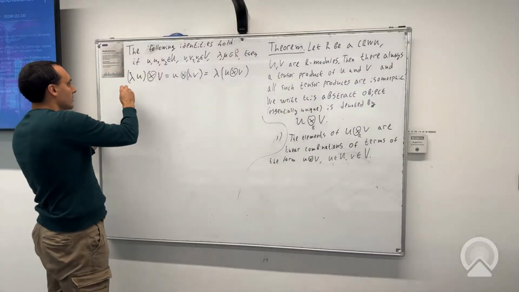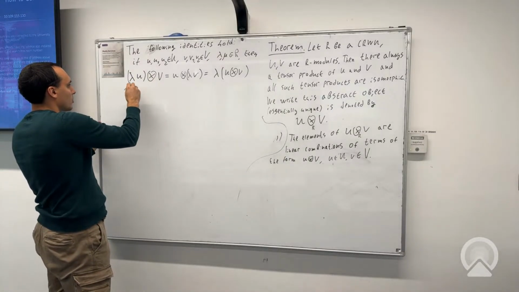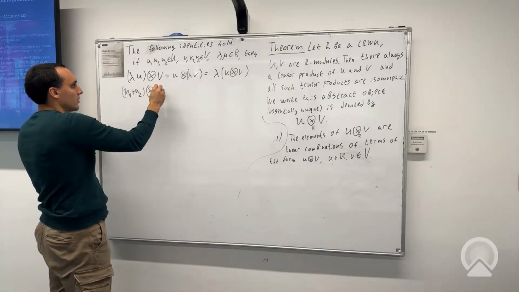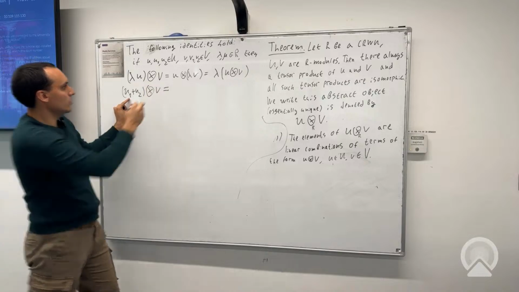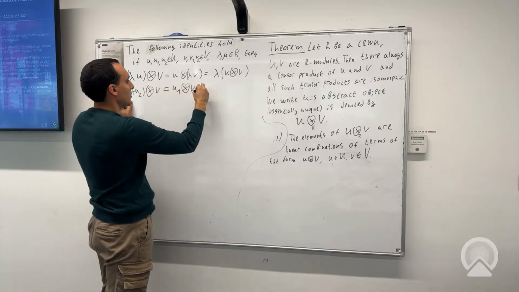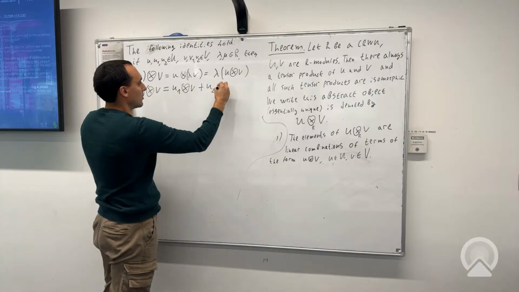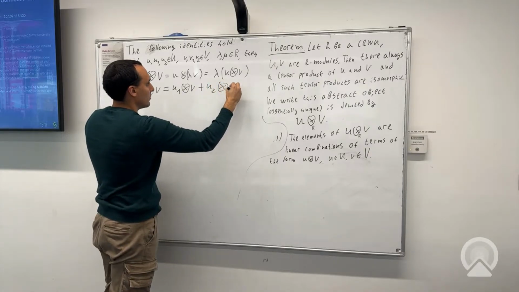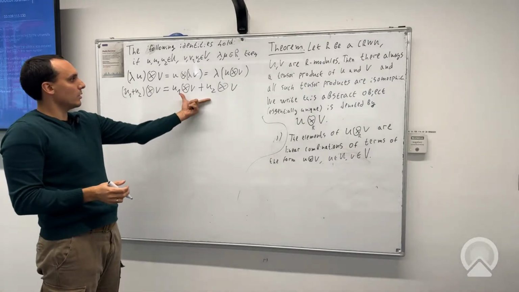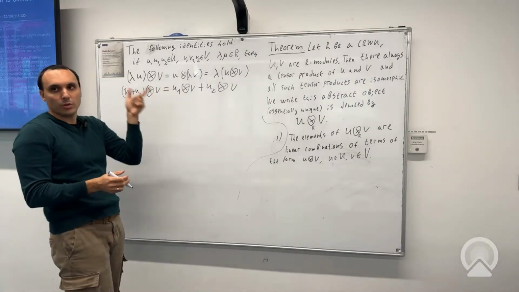If we add, (u1 plus u2) tensor v is equal to u1 tensor v plus u2 tensor v. I said they're linear combinations, so I can form sums, multiply them and so on.